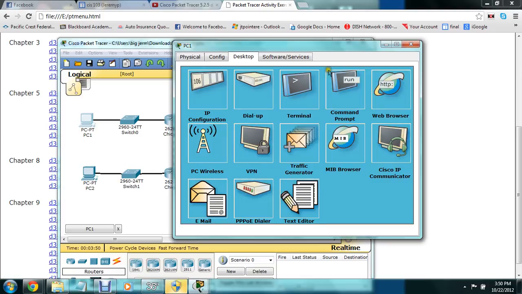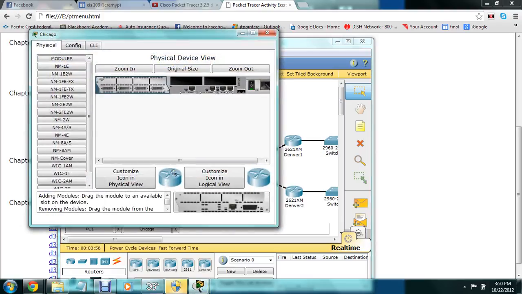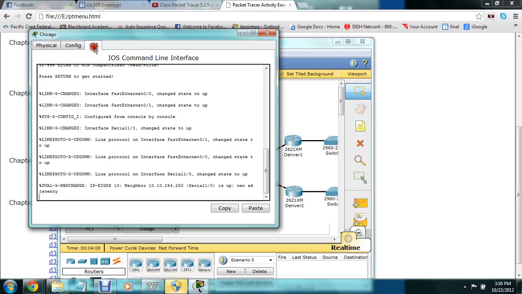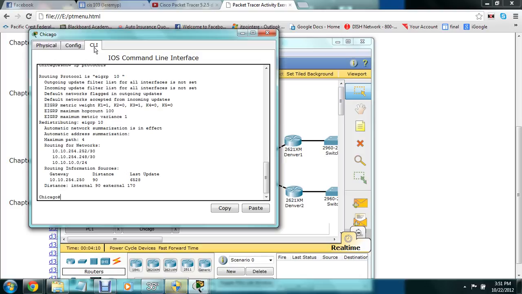So since that didn't reach our Chicago router, we're going to go into our Chicago router and look at some of our tables here. Enable, and then we're going to go show ip protocols, and it looks like we're running EIGRP, and we have our metrics here: K values 1 0 2 0 3 1 4 0 5 0.